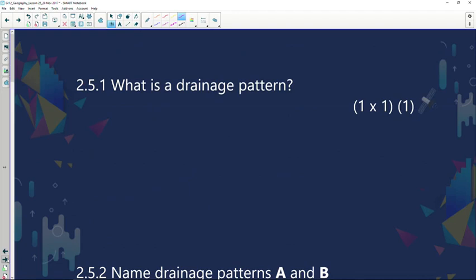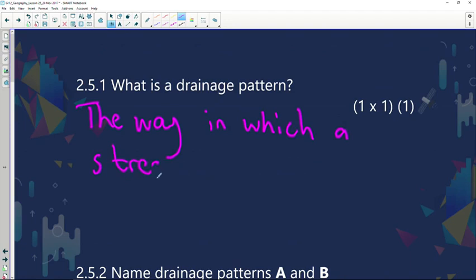Now the first question, what is a drainage pattern? It's the way in which a stream is arranged within a drainage basin.